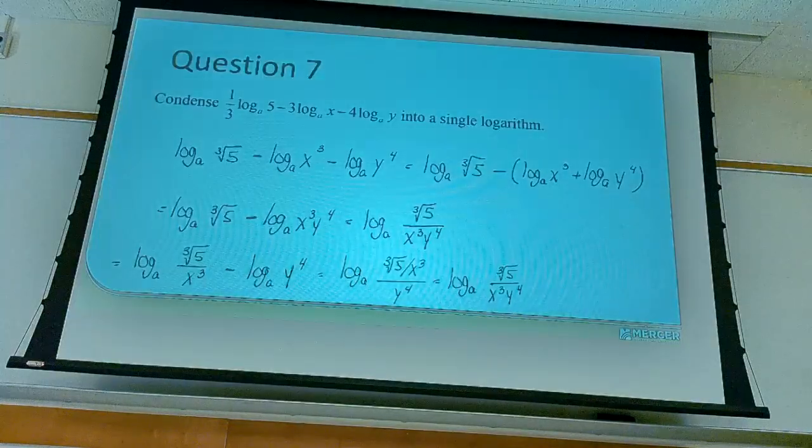I do get rid of all the coefficients first, using the power law, and then I'll group all of my positives together and all of my negatives together. I obviously factor out the negative like we did in that second step right there. Factor the negative out of all the negatives.